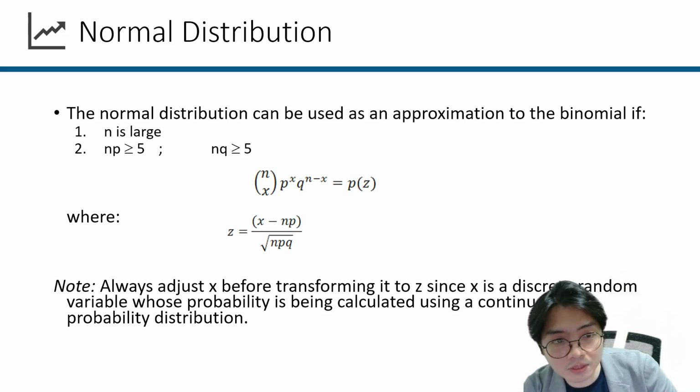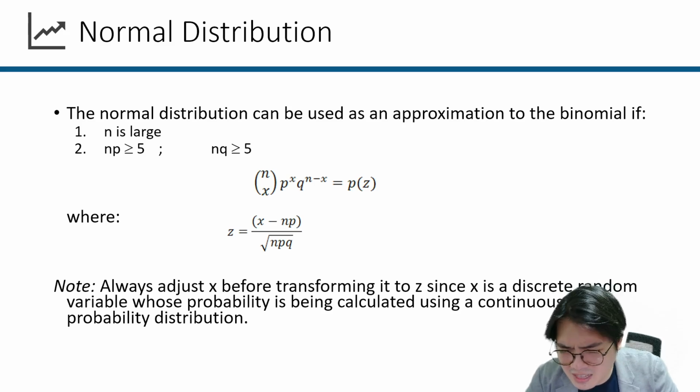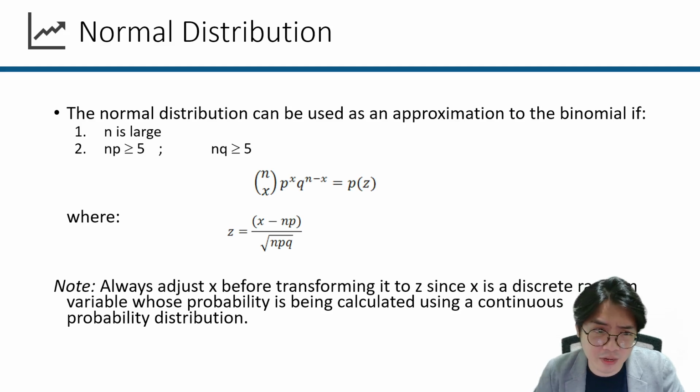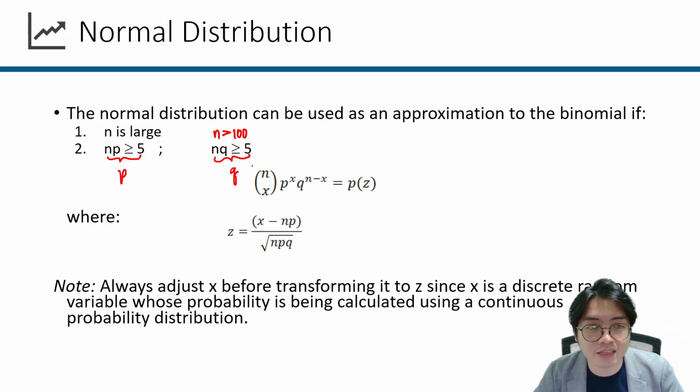In this case, the normal distribution can be used as an approximation to the binomial if, number one, the number of trials is large. You can start thinking of it as a normal distribution if n is like 100, I think bigger than 100. And when np and nq are both bigger than 5, where p is the probability of success and q is the probability of failure.